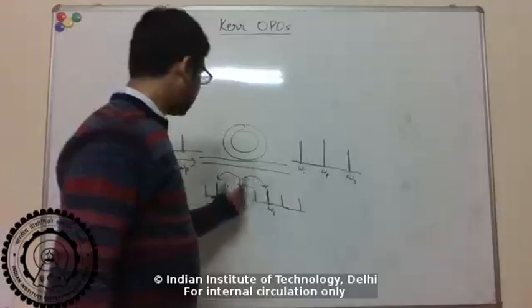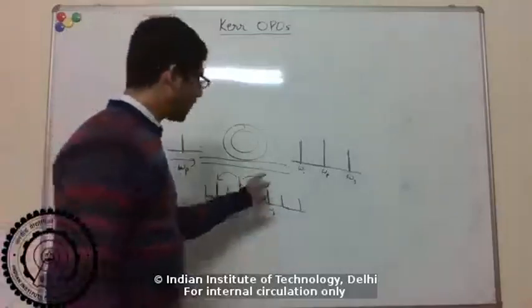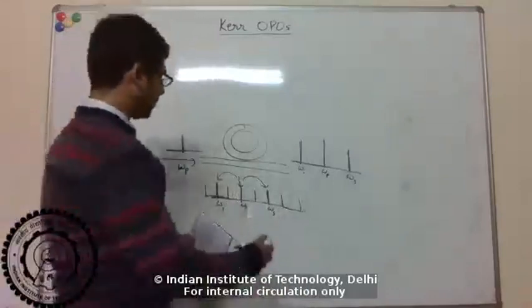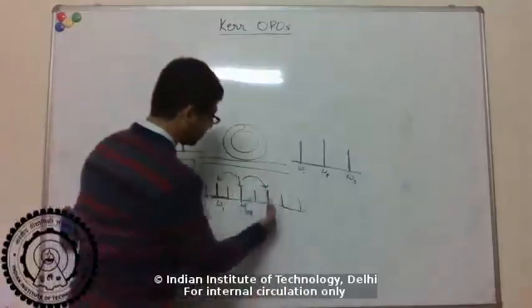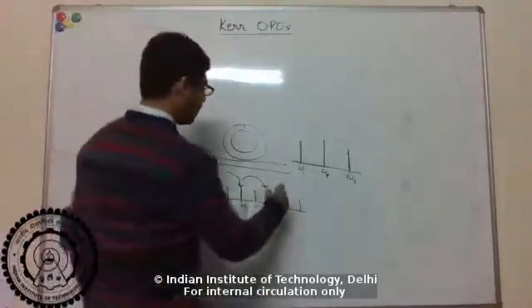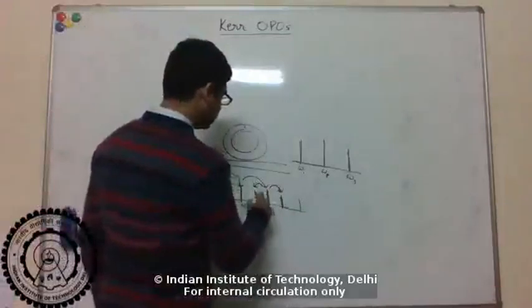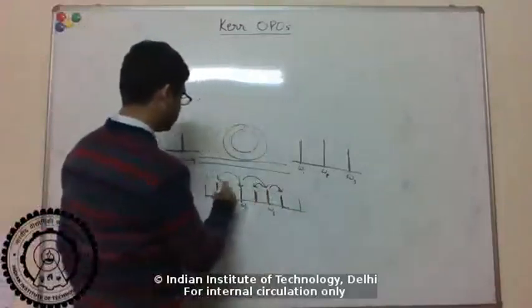And if the intensity of the signal and idler became strong enough, then they can act as their own pumps. So it's as if we are pumping the cavity at this frequency and this frequency also, right? So they might give oscillation at their own neighboring resonances.